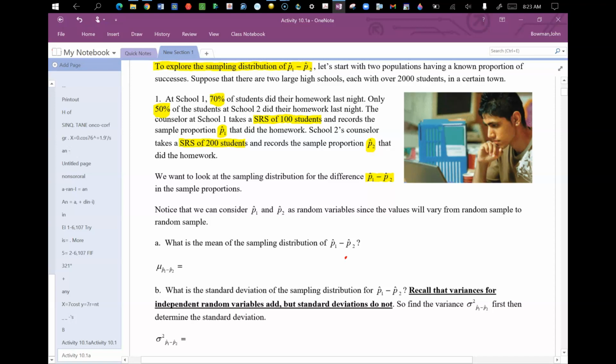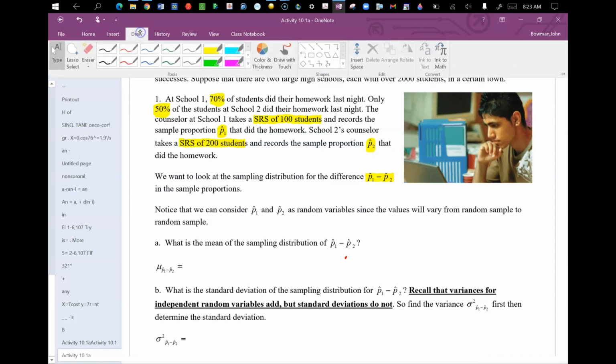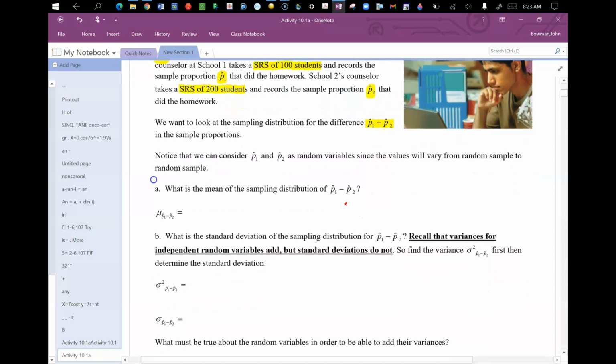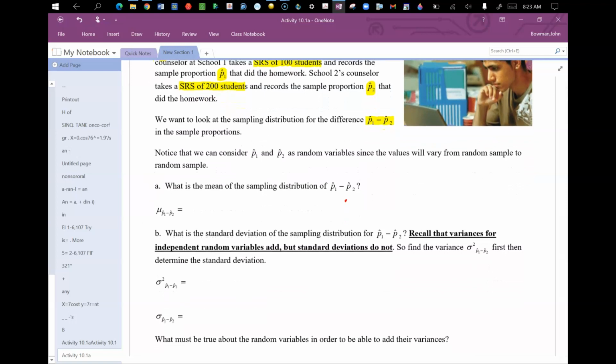So we treat those sample proportions as random variables, and therefore we treat the difference of those two sample proportions as a combination of random variables. And it's been a while since we've talked about combining random variables, but when we did, we talked about finding the mean and the standard deviation of those new random variables.